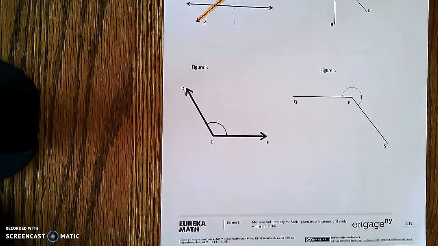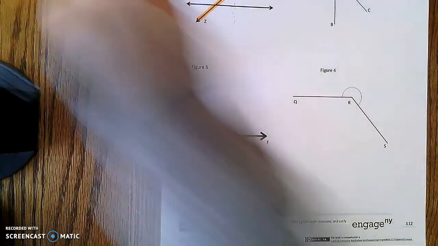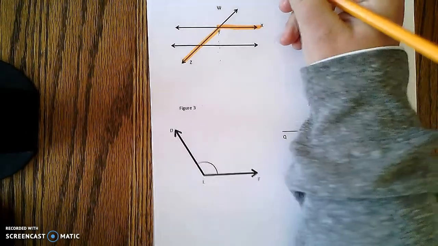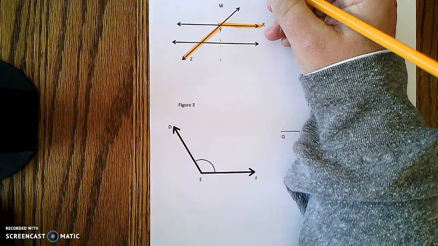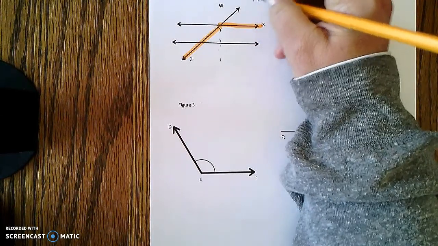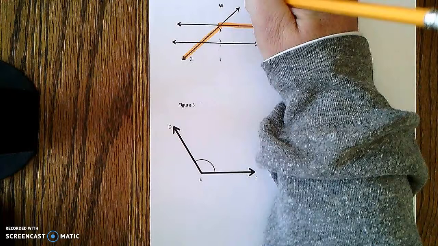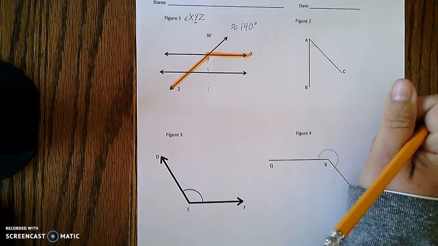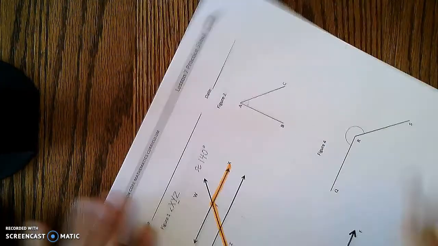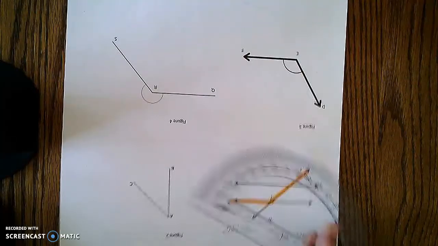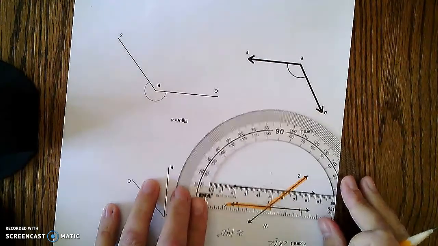So between 90 and 180, I'm going to guess there might be a 40 degree difference. So I'm going to guess that this angle might be about 140 degrees. That's my guess. All right, that's my estimate. Now I'm going to take my protractor and I'm going to make sure I line it up really well, and I'm going to measure it.